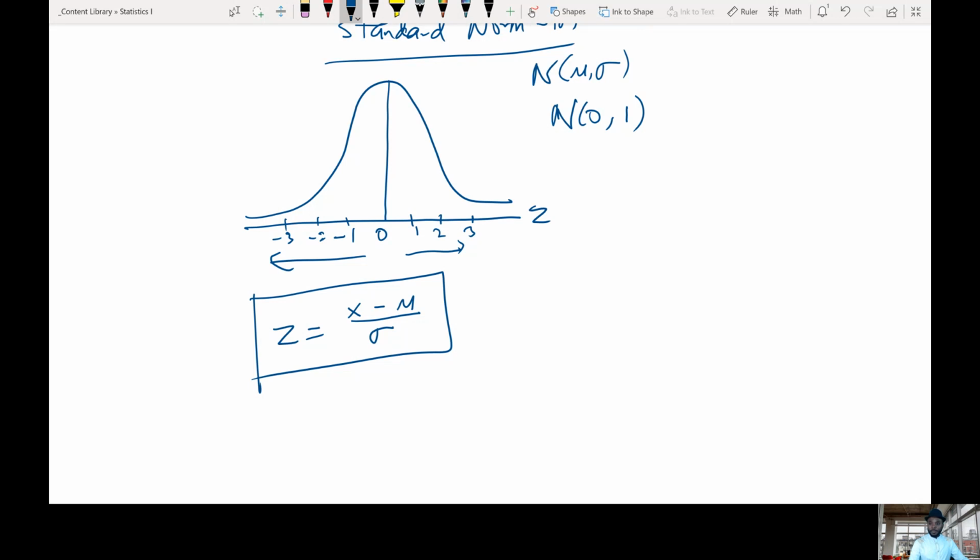Okay, cool. So z is the scaled value. It's the number of standard deviations a point x is from the mean. And x, as we know, is any point on the horizontal axis. Okay. And let's look at an example.